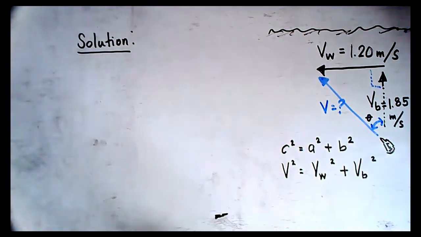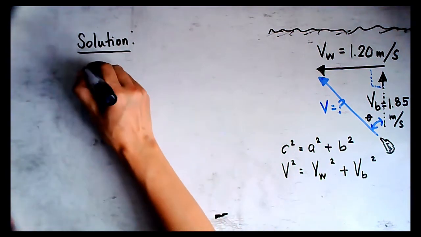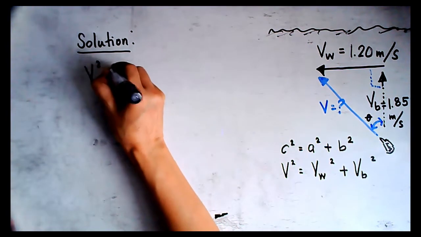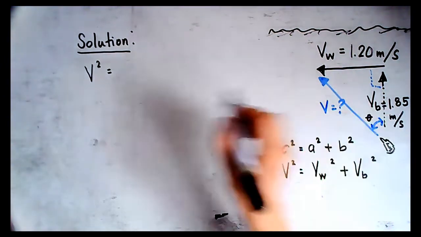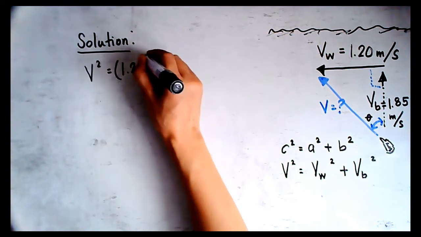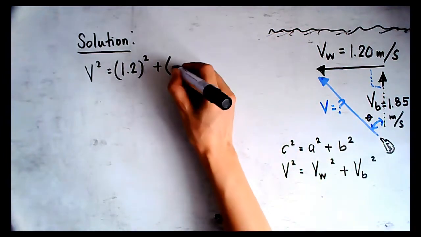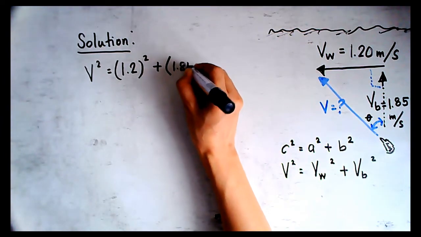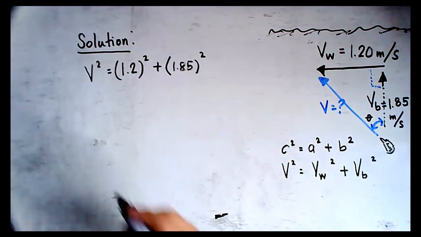The velocity v squared is equal to 1.2 squared plus 1.85 squared. And there you go.